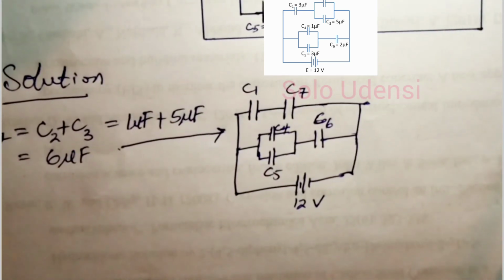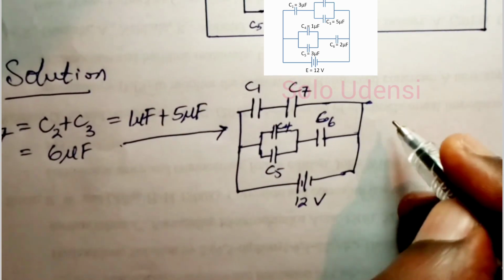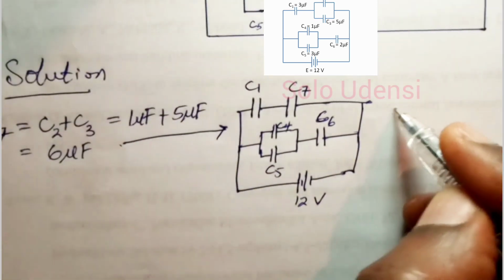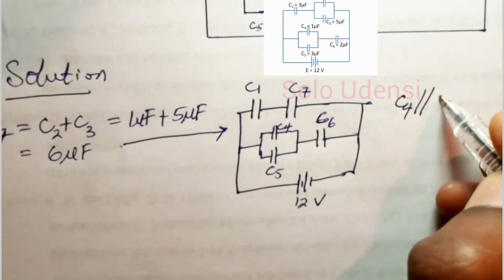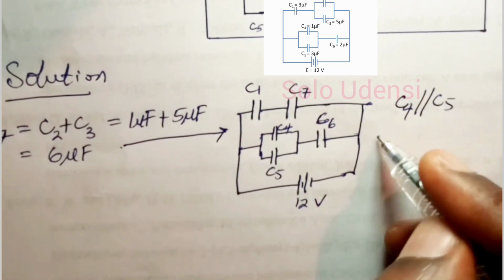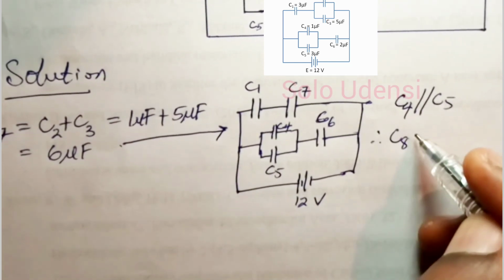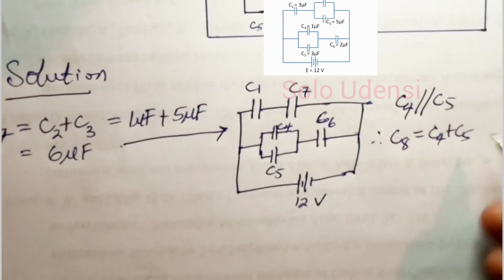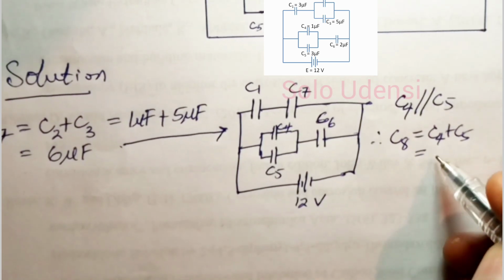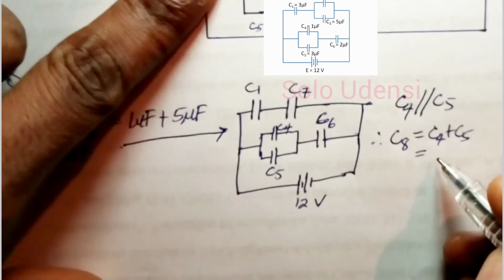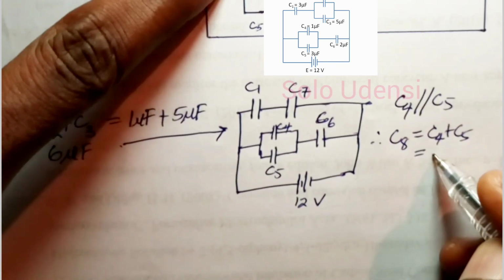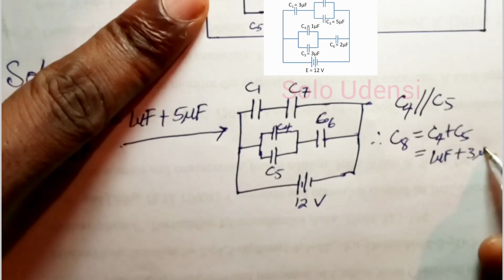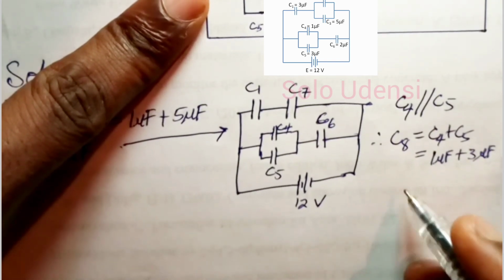So the next thing is to get C8 from the arrangement C4 and C5, which is also parallel. C4 is parallel to C5. Therefore C8 is equal to C4 plus C5. C4 is 1 microfarad, so 1 microfarad plus 3 microfarad, that's 4 microfarad.